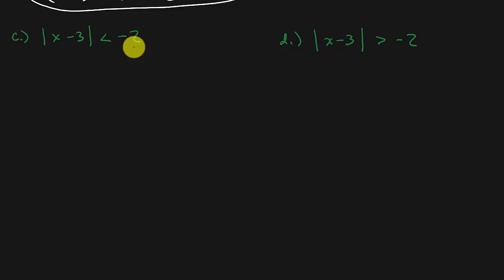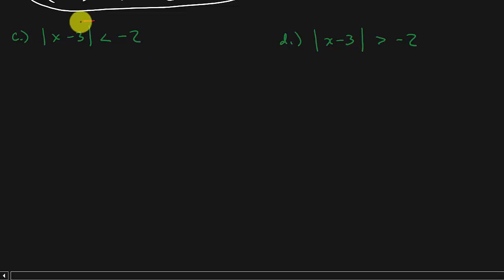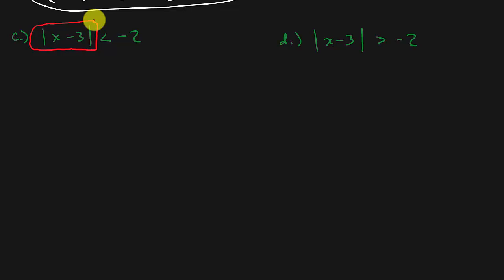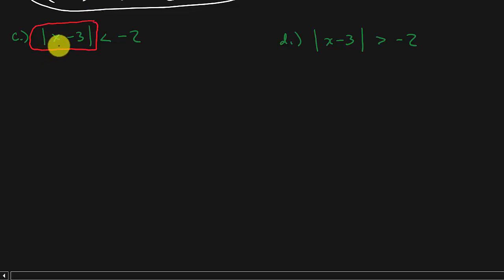So let's look at this. Now, do you agree with me on this? This side over here, all of that, will always be positive, right? It doesn't matter what we plug in for x, okay? We're taking the absolute value, okay? I mean, no matter what number you plug in for x, you might get a positive or a negative number in here with the x minus 3.